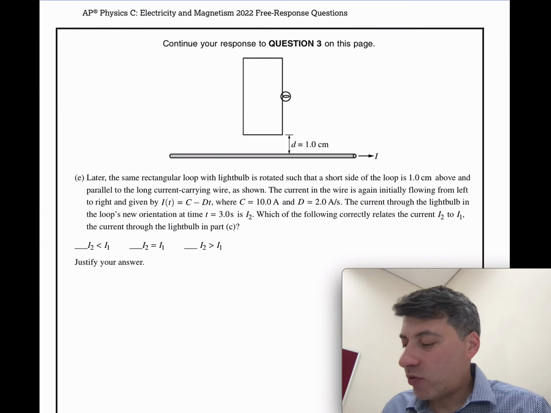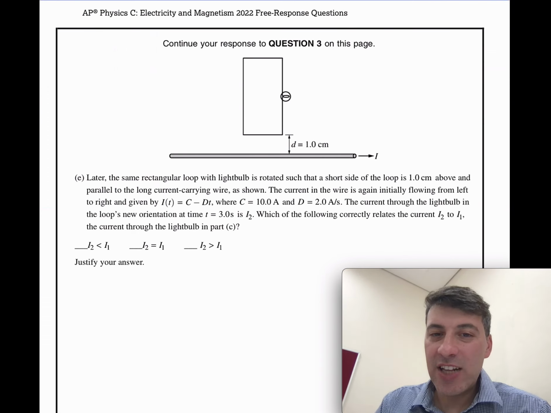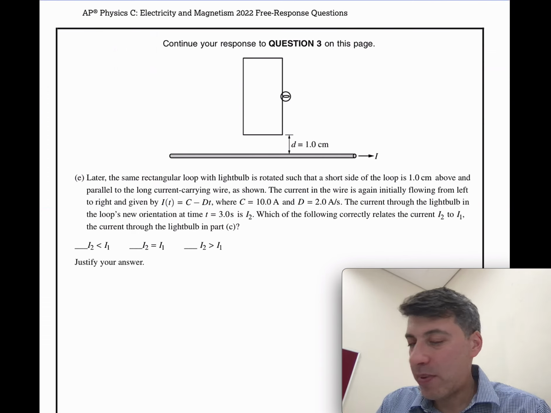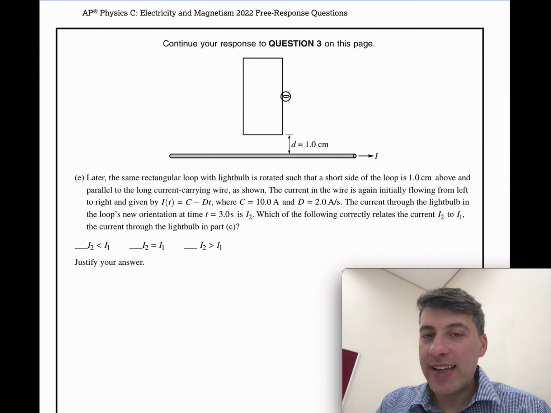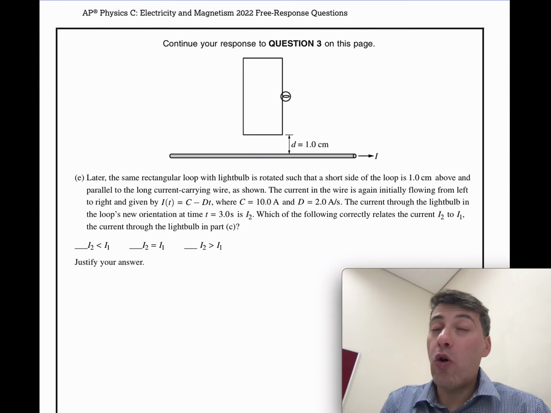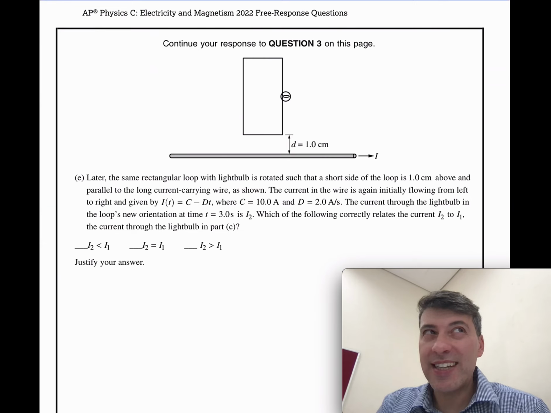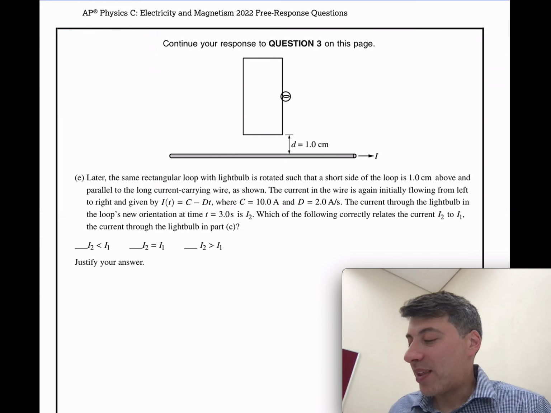So the reason why there is an induced current is a change of magnetic flux. And if you remember, the magnetic flux is the flow of magnetic field lines through the loop. So basically, we need to understand if there will be more or less magnetic field lines crossing the loop right now.